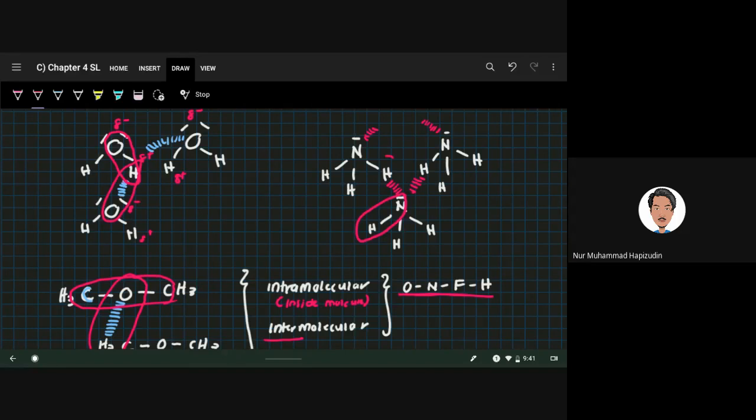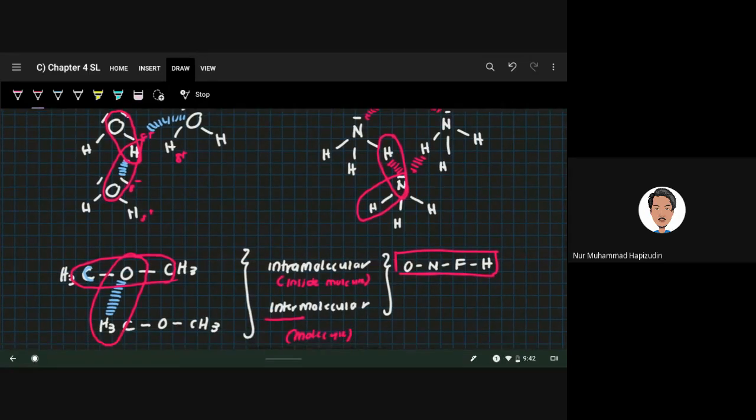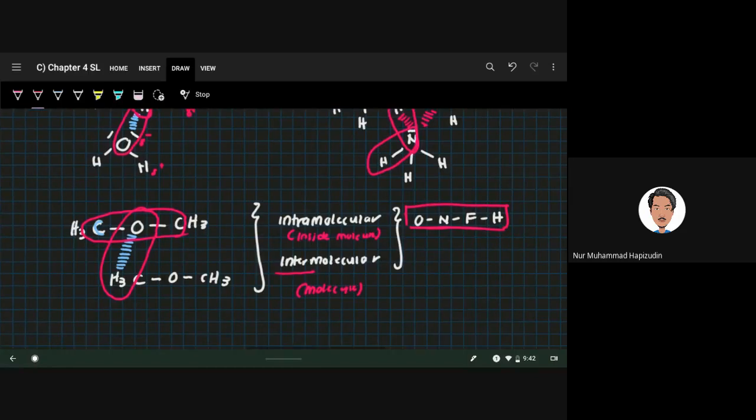And intermolecular also NH. It is in between N, O, F and H. If the intermolecular and intramolecular are in between O, F, N and H, this is hydrogen bond. If not, it is not assumed as hydrogen bond.